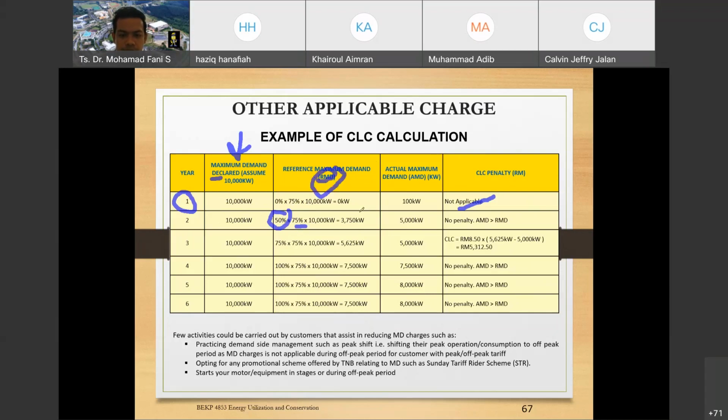You need to determine the RMD for the 6 years. If you declare a maximum demand of about 10,000 kilowatt here, please define your RMD first. You need to make sure that you achieve your RMD or use a maximum demand more than that. If not, you will be charged for the CLC.